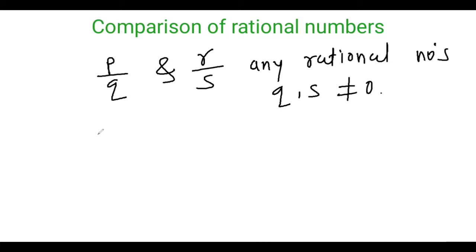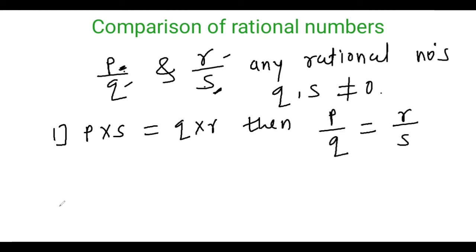We multiply P into S, meaning the first and the fourth, always remember that. And it is exactly equal to Q into R. Then we say that the rational numbers are equal: P upon Q is equal to R upon S.